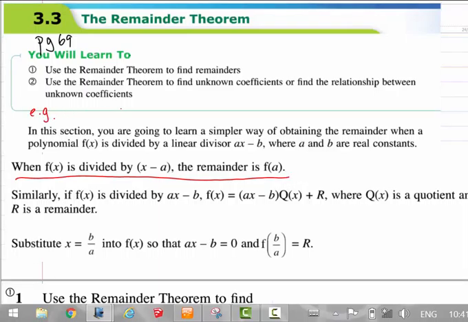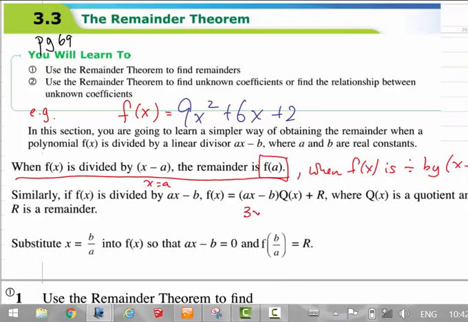For example, our question number 1, we have f of x is 9x squared plus 6x plus 2, and we are trying to divide the function by 3x minus 2. So in this case, we make 3x minus 2 equal to 0, so x will be 2 over 3. That means the remainder when f of x is divided by 3x minus 2 is f of 2 over 3.